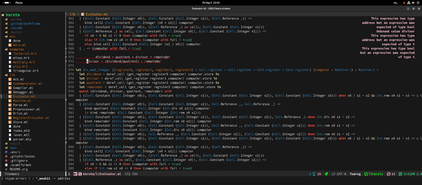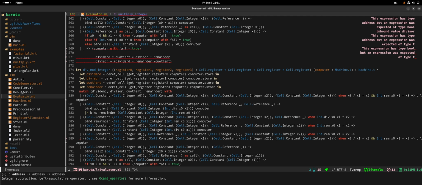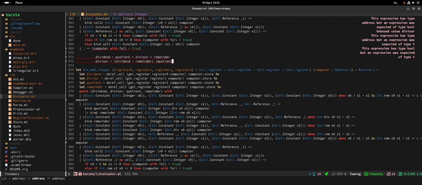No, it would be dividend minus remainder, all divided by the quotient. Actually, the parenthesis is wrong. You're right. The close parenthesis goes before the division. Yeah, just this, no? That should work actually.